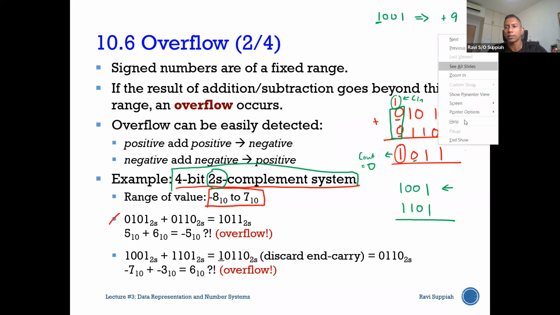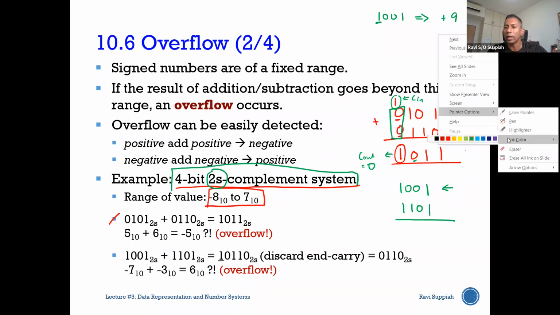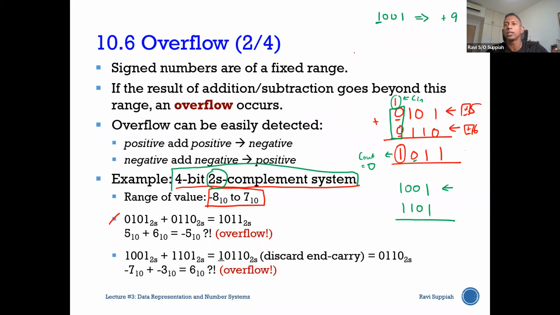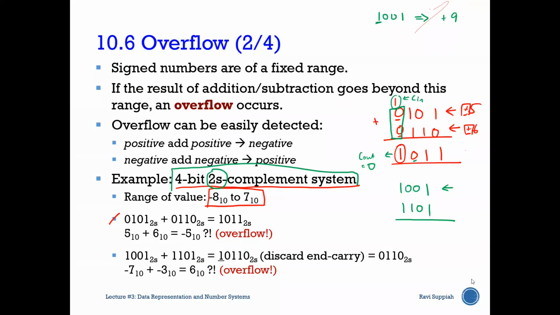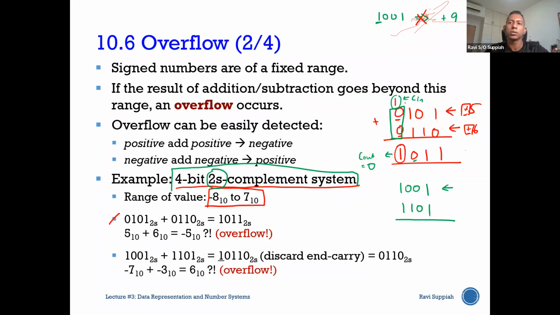How do I figure this out? How do I know the actual representation? So this is not correct. 1001 is not equal to positive 9.